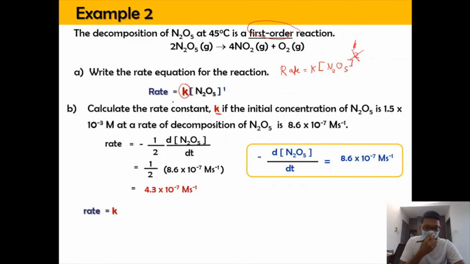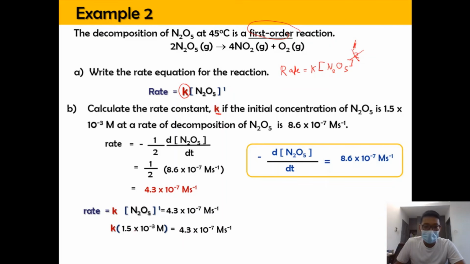So k times the initial concentration of N2O5, 1.5 times 10 to the power of negative 3, is equal to the rate that we have just calculated. By doing the maths where we divide it, we will get k is equal to 2.87 times 10 to the power of negative 4 per second, which is s^-1.